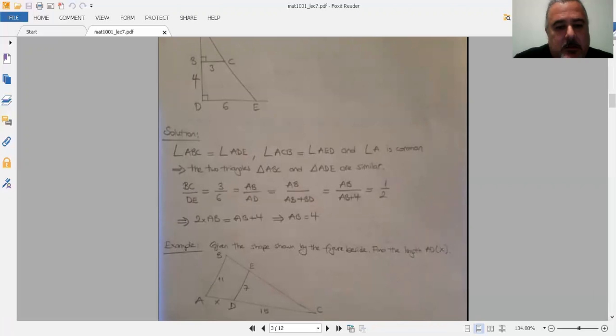So if ED over AB is 7 over 11, we can say that, sorry, CD over CA should be 7 over 11.